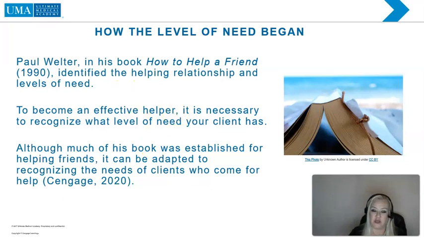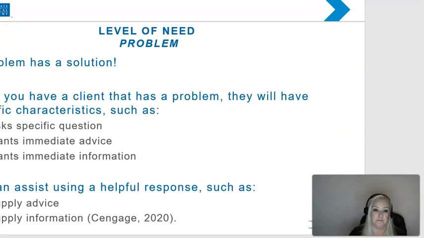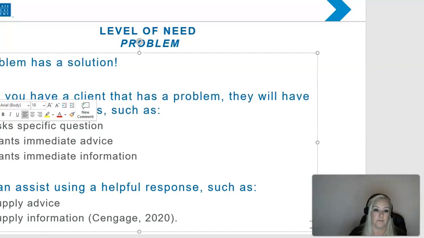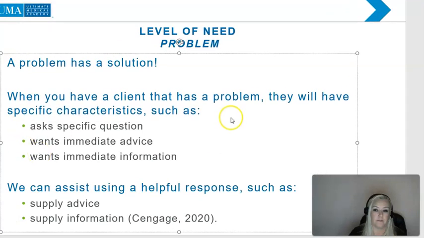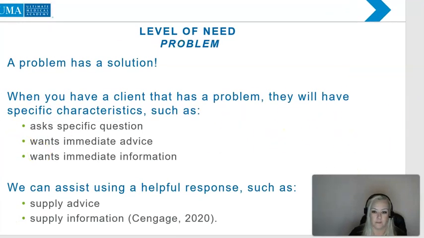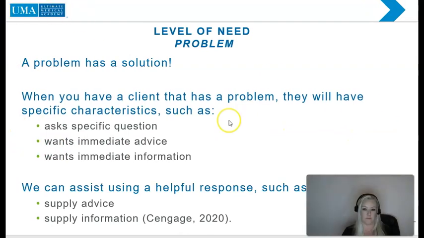So let's start off with talking about the level of need called problem. One thing we want to keep in mind about a problem is that it does have a solution.